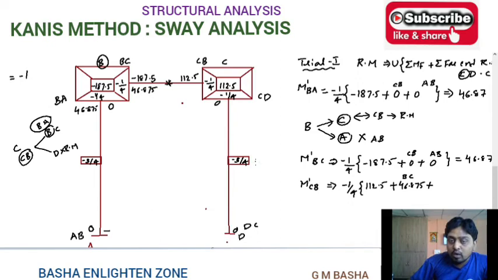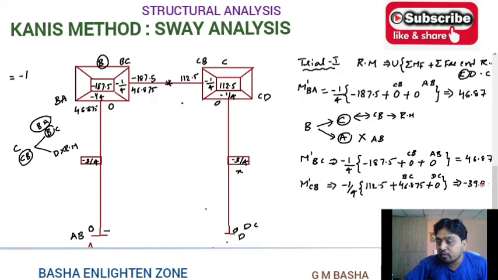Therefore you will get only CD displacement contribution, but in the first trial it will be 0. Here 0. Therefore I am taking 0, that is in the DC column, and simplify this one. If you simplify this one, how much will you get? You will get around minus 39.84. Minus 39.84.